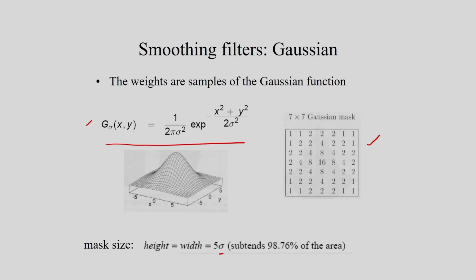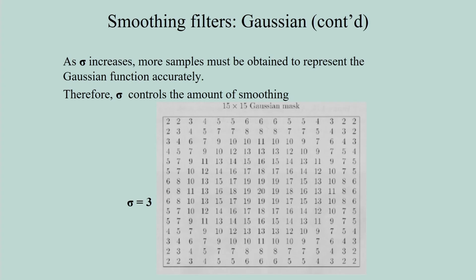So the mask size depends on sigma, and corresponding to sigma equal to 3, you can see I am considering a 15 by 15 Gaussian mask. So in this case the parameter sigma controls the amount of smoothing, that is, it controls the amount of blurring. So this is one example of the 15 by 15 Gaussian mask.